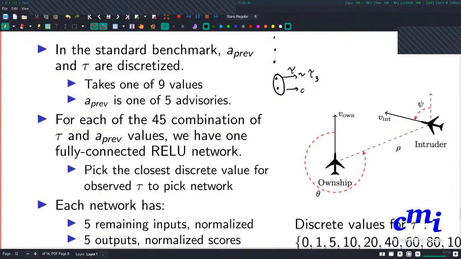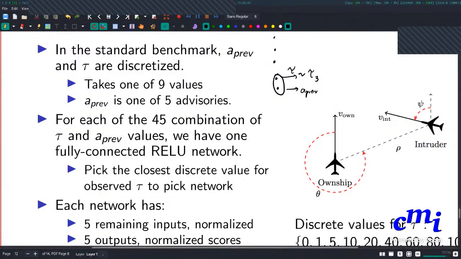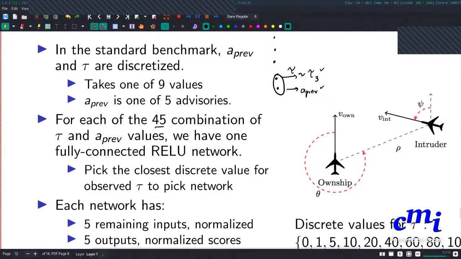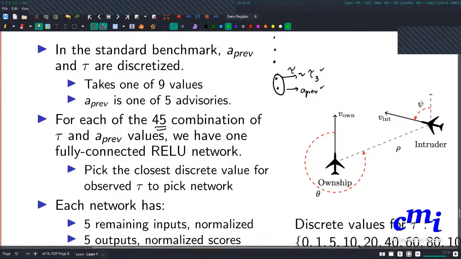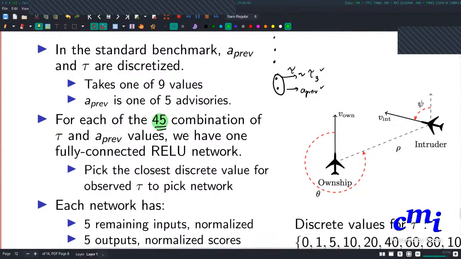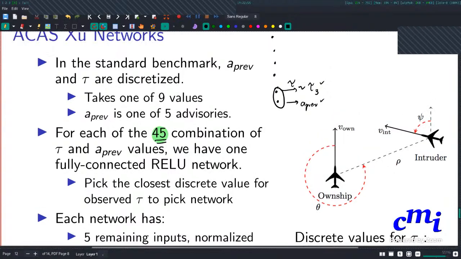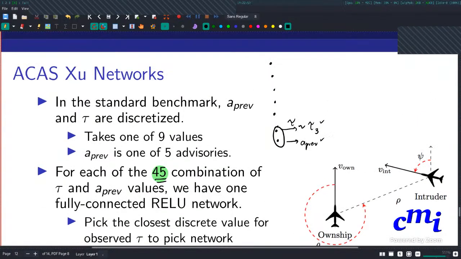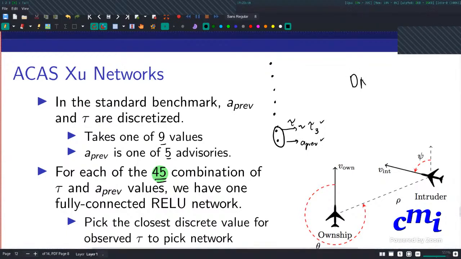And then you have some particular value of aprev. So based on this and this, you're going to choose one of 45 different DNNs that they trained, and then feed the rest of the 5 inputs to that DNN. So they basically have this set of 45 DNNs for each combination of tau and aprev. And based on the value of tau and aprev, they'll choose one of these 45 DNNs.